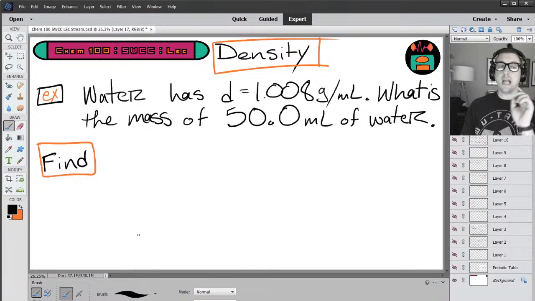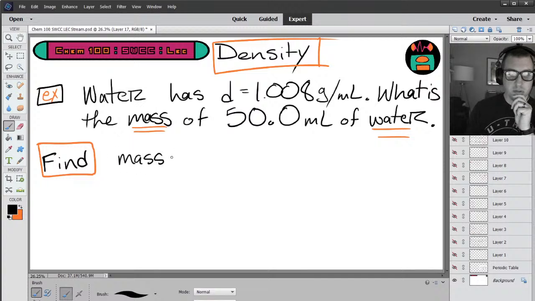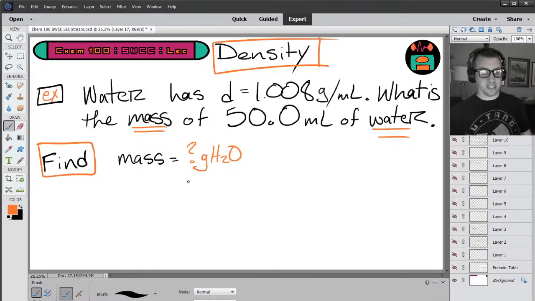All right? And in this problem, you can see it here. It's what is the mass of water. So we want to know what is our mass. We want to know how many grams of water are in the sample.